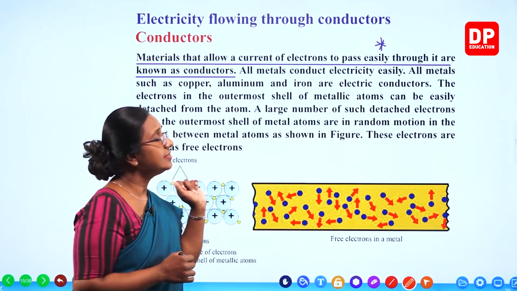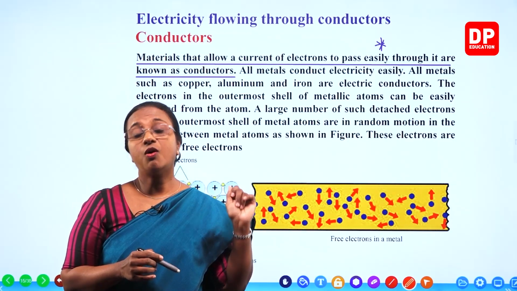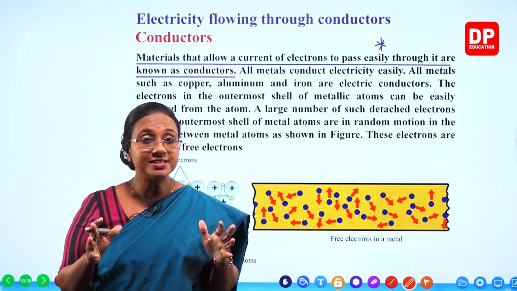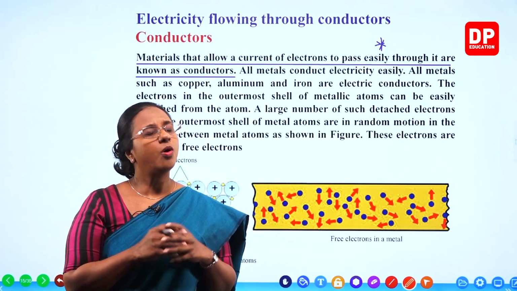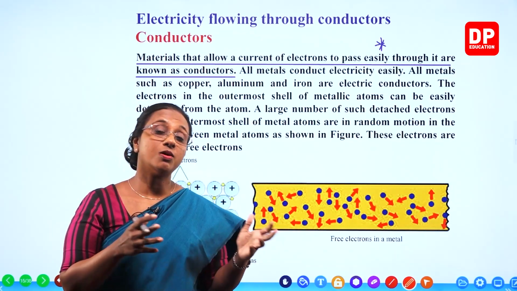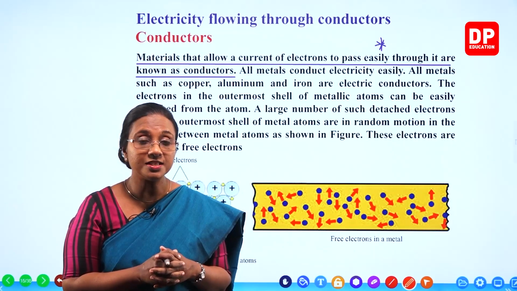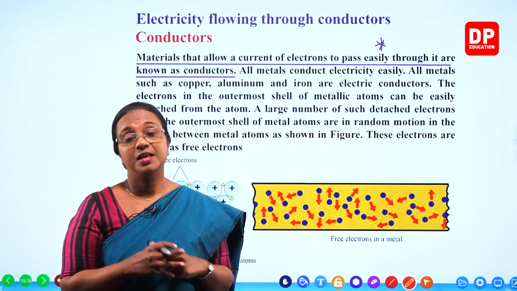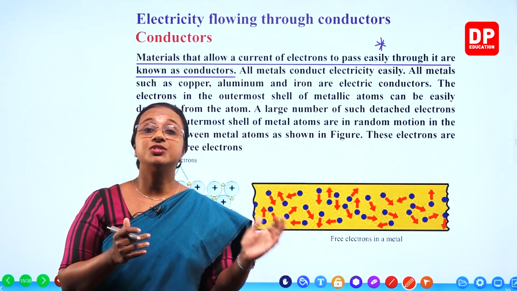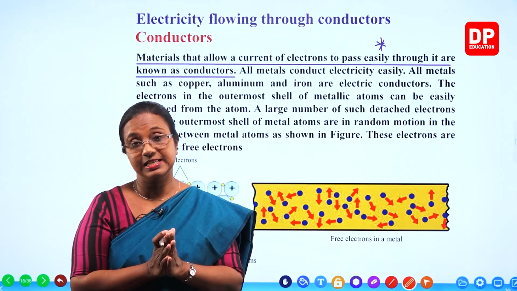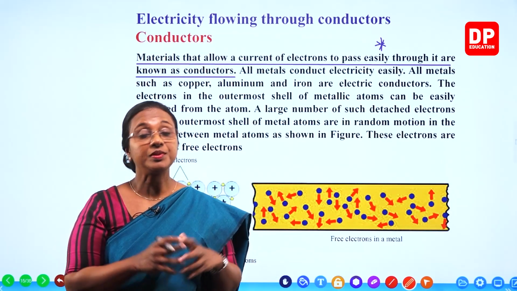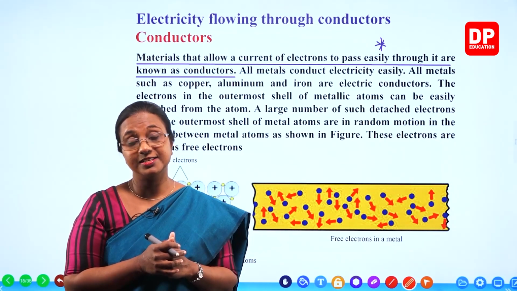Now why is it easily allowed, or why is it difficult for the electrons to pass through? Like I said, all substances are matter, and matter is made up of atoms. They also have positive and negative charges. In some matter, the way the charges are arranged, the electrons or charges can flow easily. For example, metals have free electrons in them.